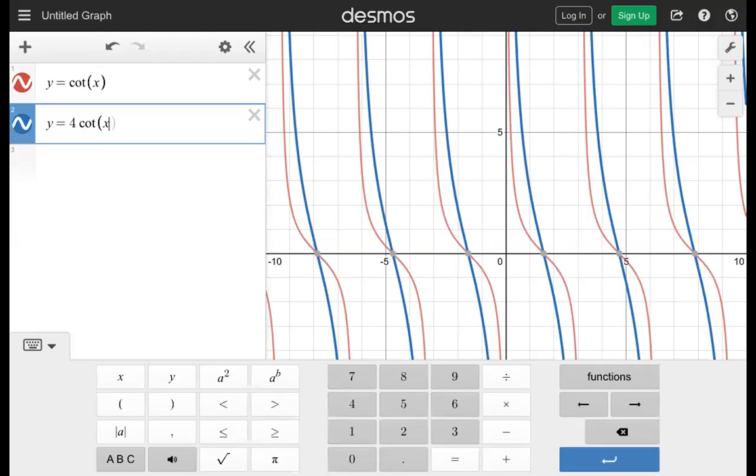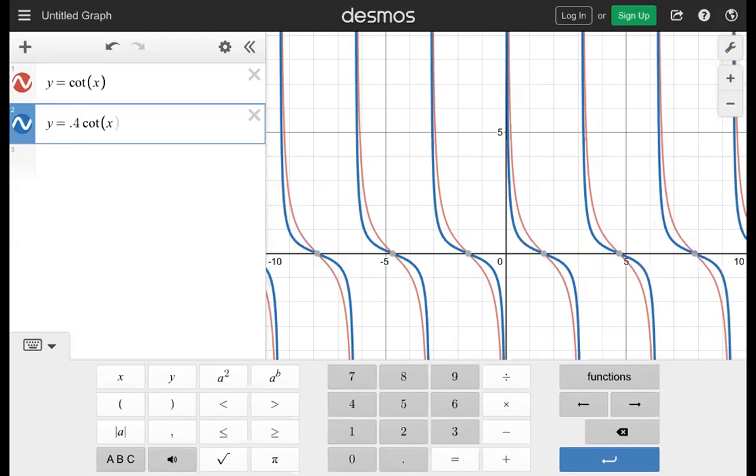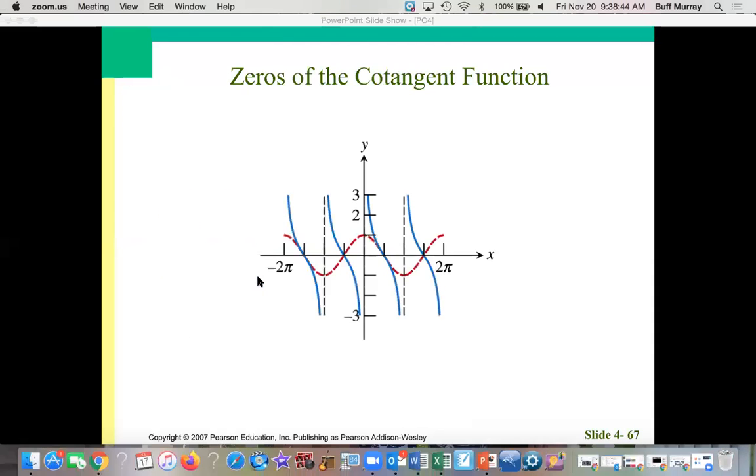It's just the viewing window we're looking at. And if I wanted to make it a little more extreme, it would look like that. 0.4 vertically compresses it. So no amplitude. It's a vertical stretch or compression for tangent and cotangent. But the period, we still have to think about the period. Period is pi.